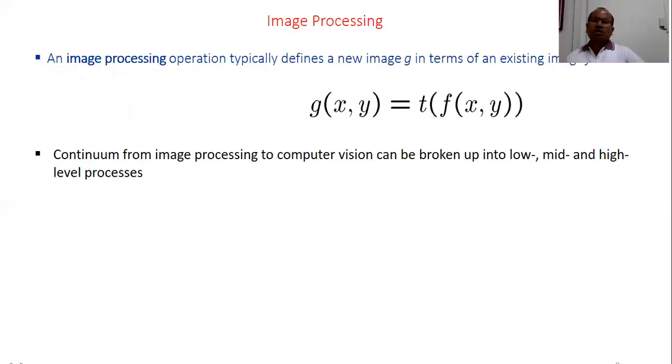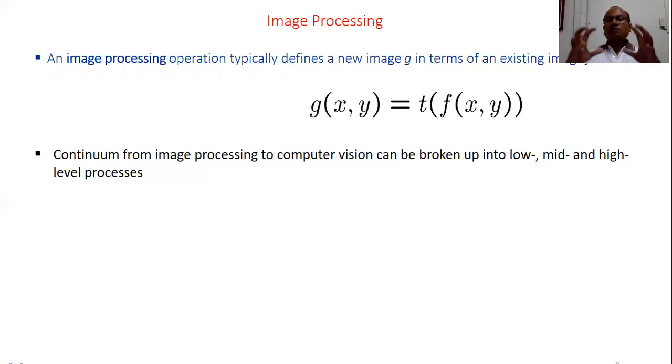So this is image processing, where we can understand what image processing is. f(x,y) is the input image, where T represents a certain operation, and T is some operator which is applied over f(x,y), and we are getting g(x,y). So this g(x,y) is the output image. T is representing the system transfer function.